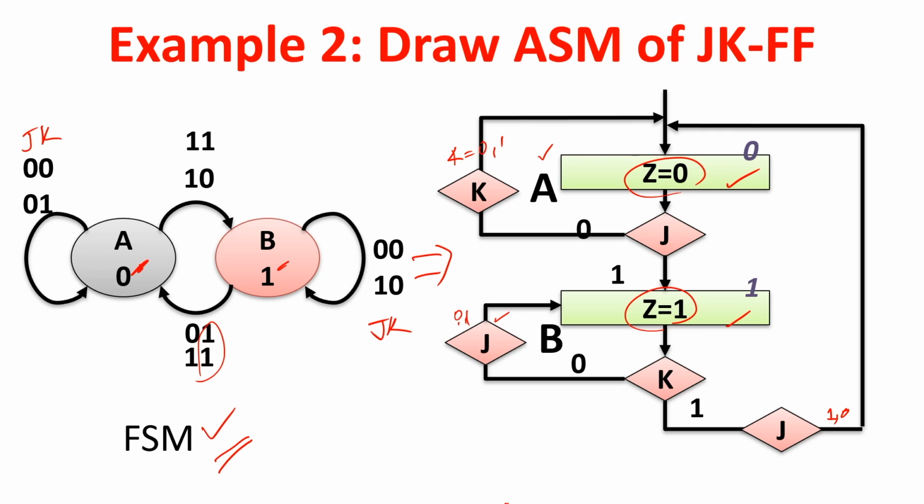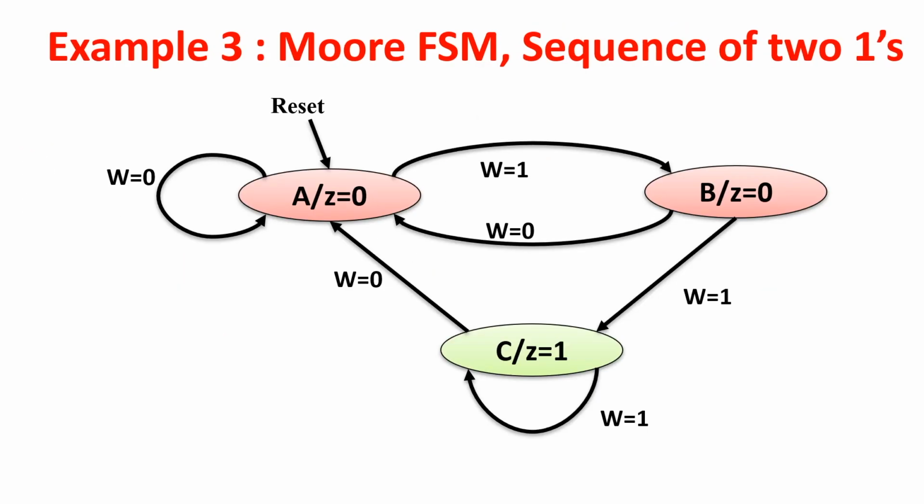That means we are able to model the FSM of D flip flop and JK flip flop using ASM. We are able to model both JK flip flop and D flip flop using ASM. This is the ASM.